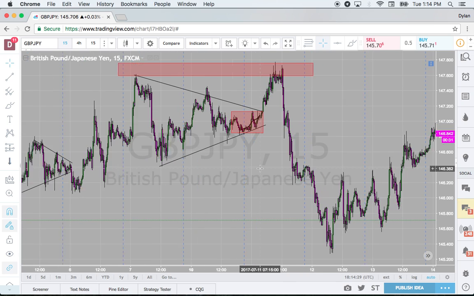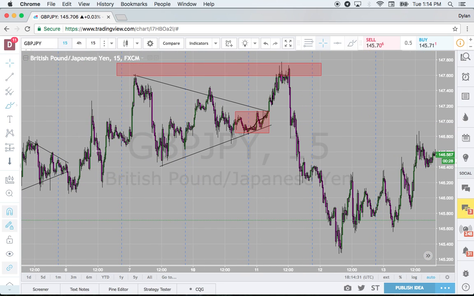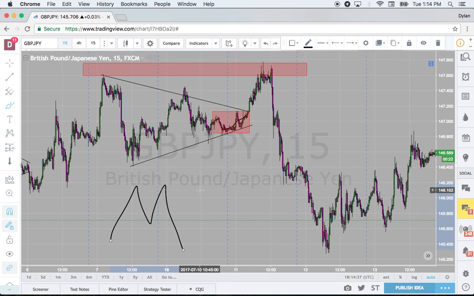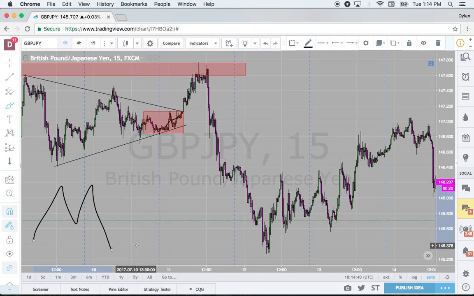So what does this M formation do? We've gone over the wedge forming like this, and then the breakout of the second leg traps.